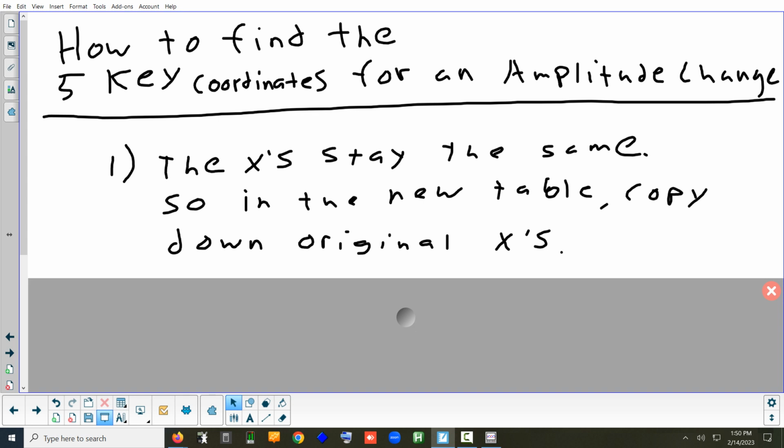And it's nice when the x's stay the same because the x's are all fractions with pi. You do not have to work with any of the fractions with pi to do an amplitude change. So I can tell you the answer for the x's right now for every amplitude change we're going to do today. 0, pi over 2, pi, 3 pi over 2, 2 pi. Those are the x's.